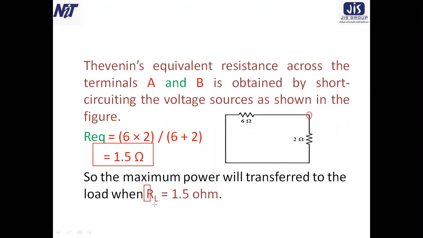The resistance connected at this point was the load resistance. If the load resistance is equal to the internal resistance, then only maximum power will transfer. That means RL will equal Req for the flow of maximum power. So we can easily say that maximum power will transfer to the load when RL equals 1.5 ohms.